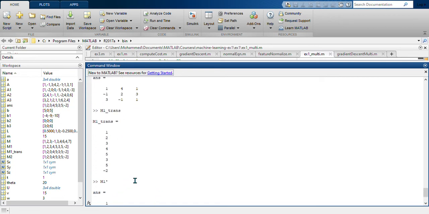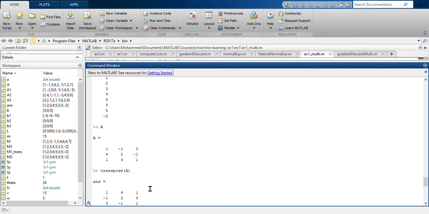So for transpose, you can either use the transpose command, or you can just write the variable name representing the vector or matrix and put a single quote next to it. That would create the transpose of that corresponding vector or matrix.